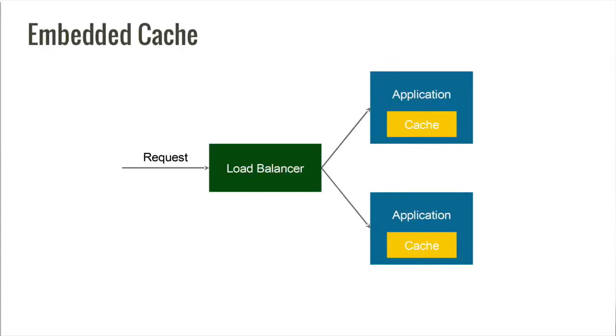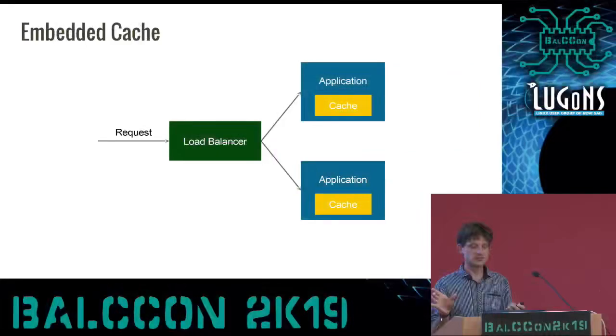A request comes to our system, it goes to the load balancer, then the load balancer forwards the request to one of the application web services, and the application receives the request and checks in the cache if there is a value for this operation. If there is no cached value, then it performs some business logic. If the value is in the cache, then it returns the cached value.